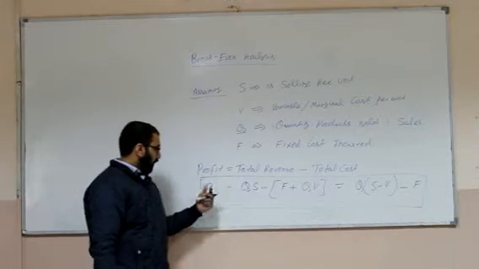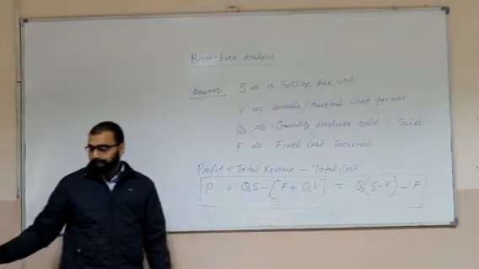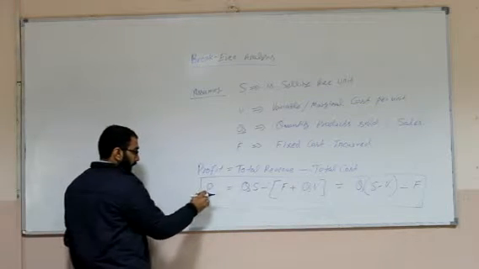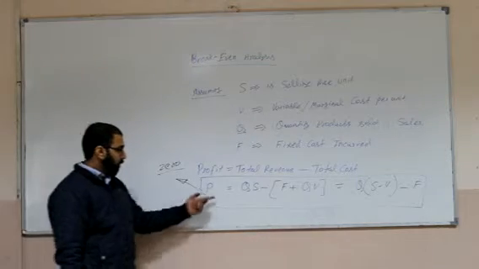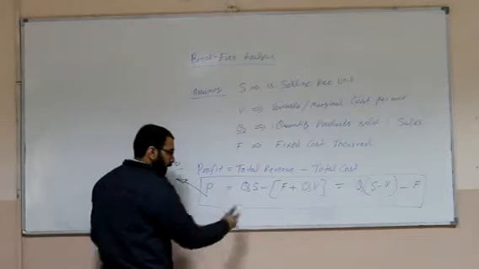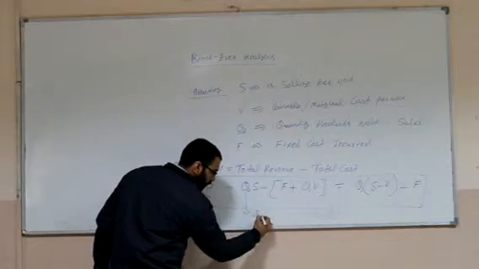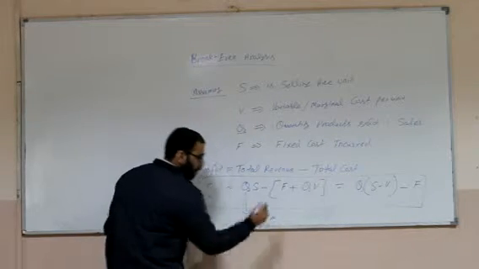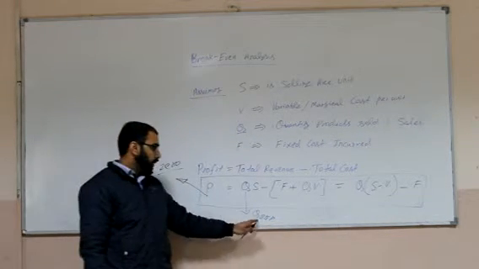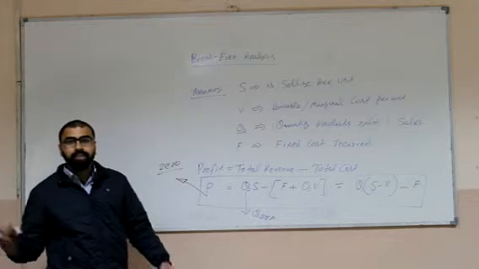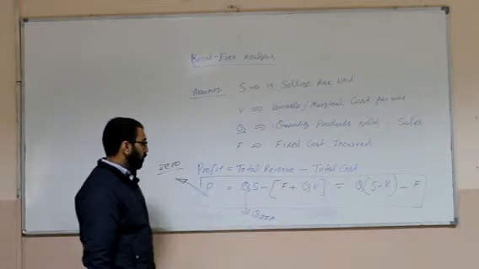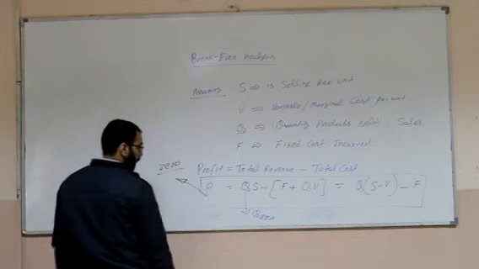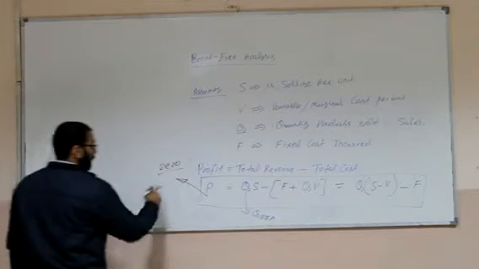Now, at the break-even point, profit becomes 0 and Q becomes Q BEP, the break-even point quantity, that is, how many products I have to sell to achieve the break-even point. So let's solve this equation by putting P as 0.